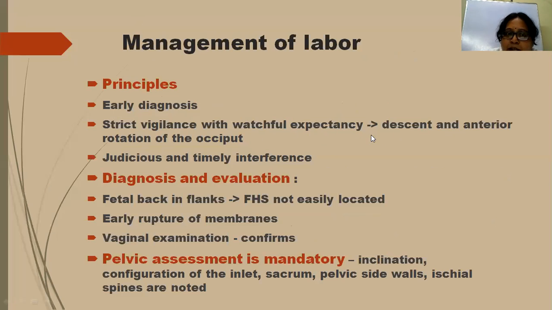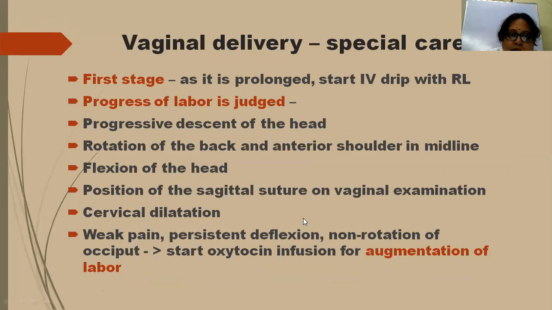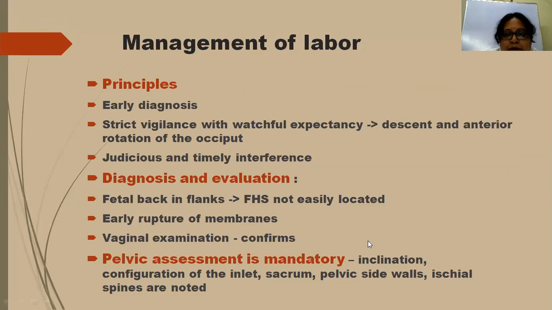You have to look for descent and anterior rotation of the occiput. And when you think it is necessary, you have to interfere and take her up for a cesarean rather than leaving it like that. So for diagnosis, you have to see by abdominal examination and vaginal examination, which we have seen. And pelvic assessment we have to do, it is mandatory.